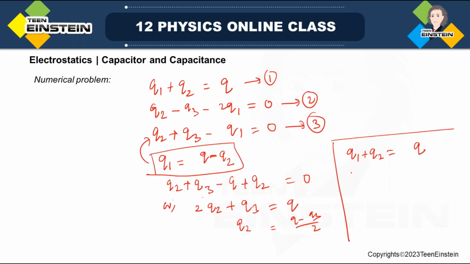So Q1 is Q minus Q2, and Q2 is again, this is plus Q3 by 2 equal to Q. So this will be 2Q. Oh, again Q2 has come. No, Q2 should not come.